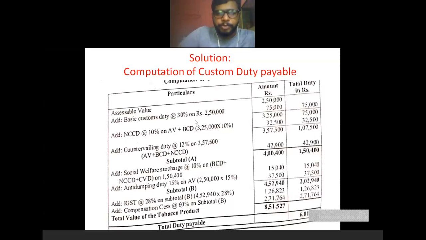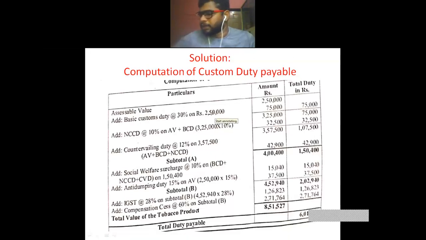Then add basic custom duty 30%. 30% on which value? 30% on assessable value, that you calculate. So 75,000 rupees. Same 75,000, write it in the outer column also.